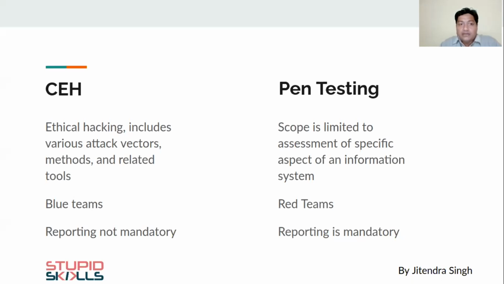Generally, you would find that CEH are part of blue teams, and pen testers are part of red teams. As far as reporting is concerned, it is not mandatory for ethical hackers, whereas for penetration testers, it is mandatory. And whenever a report is generated after a security assessment of a system, it is kept very, very confidential, and it should not get into the hands of people with malicious intentions.